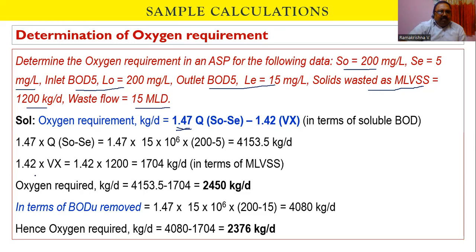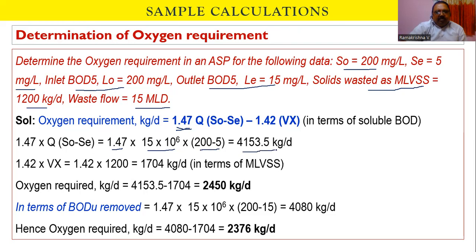So 1.47 into Q into S0 minus Se is equal to 1.47 into 15,000 meter cube per day, which we are considering here. We have 15 MLD, 15 × 10^6. And then S0 minus Se is 200 minus 5.